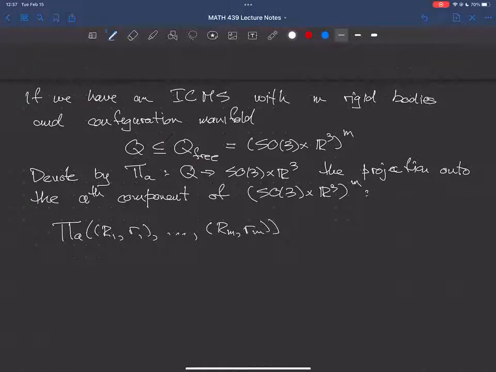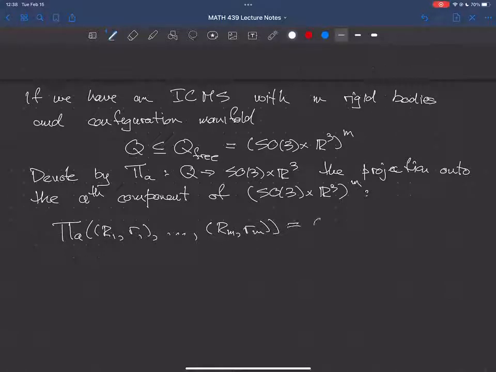Right? And this just encodes, and there are going to be restrictions on how our big R's and little r's are related to each other, coming from the interconnections, as we've seen in the examples. But nevertheless, you can write a point in Q like this. Okay.